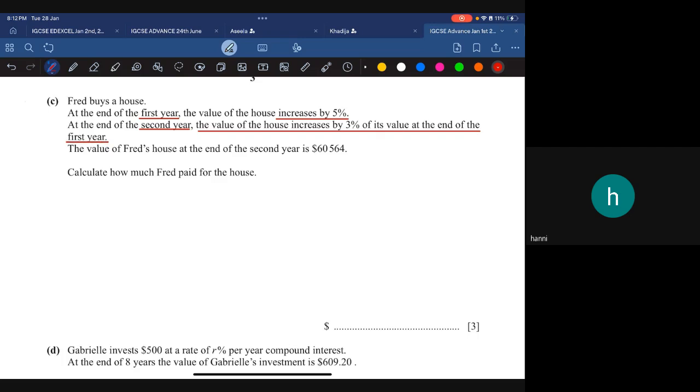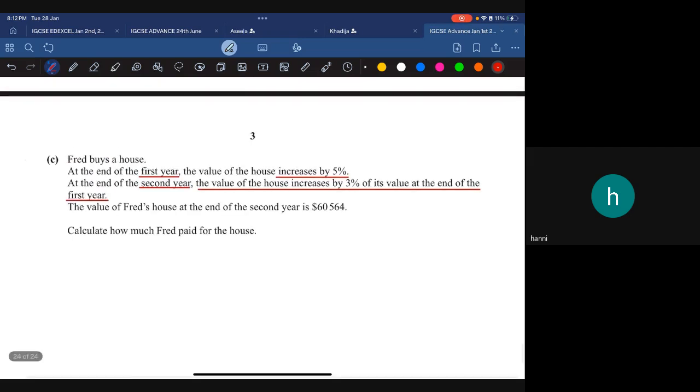So technically, Fred bought the house, and after a year there was a 5% increase, and Fred has this new value. After that, again, there was a 3% increase, but not on the original value, this time on this value. And Fred got his house at the end of the second year.